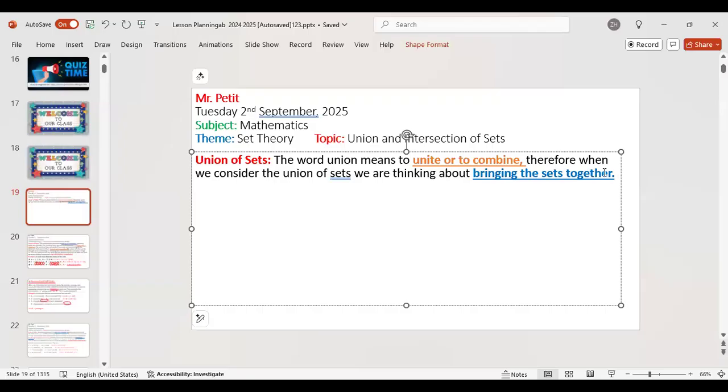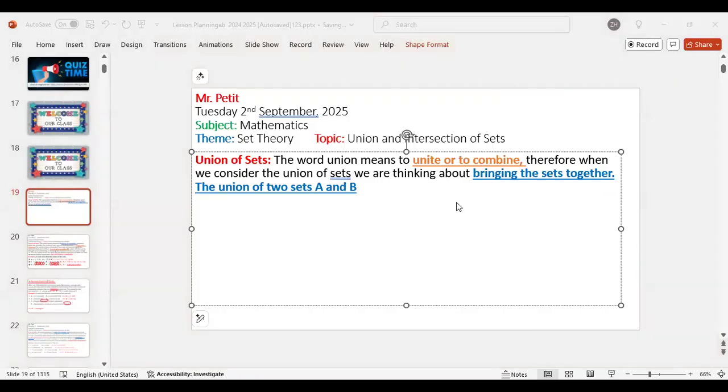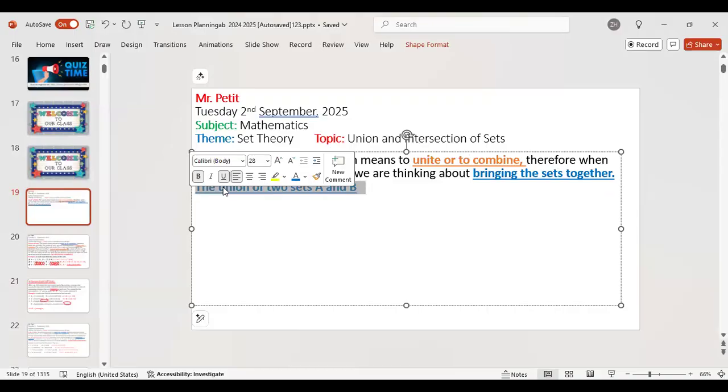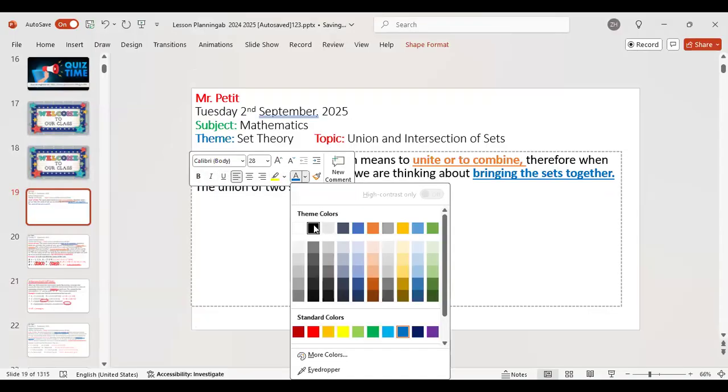So the union, write this down: the union of two sets, A and B. We will only be talking about the union of two sets at this level. You don't need to know, well, the union of two and three sets is probably the most that you need to know. We aren't going to do four sets. The most we could do is three sets.